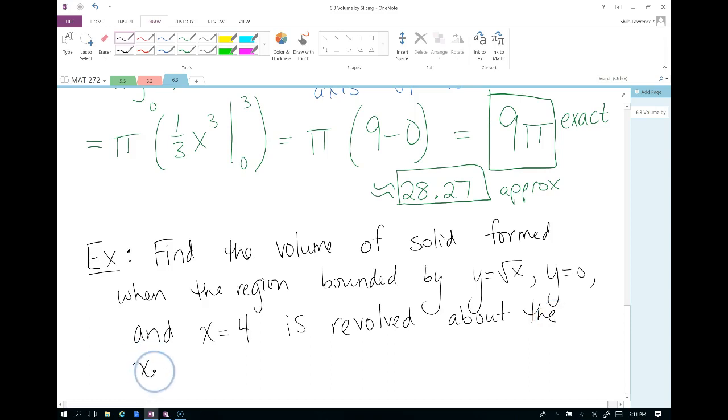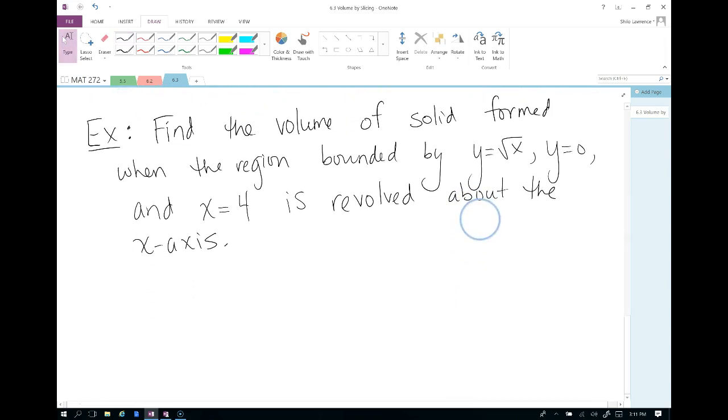Now, they will always give you enough information to create a two-dimensional region. And then once you have your two-dimensional region, then we will revolve it to create the solid. So start with a picture of your two-dimensional region.